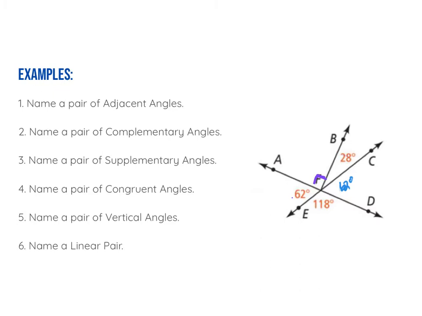All right, so name a pair of adjacent angles. Again, adjacent just means next to, they have to share a side. So let's say I pick this as my shared side. Then my two adjacent angles are going to be angle AFB, which is this angle here, the 90-degree angle, and angle BFC, which is this one here, the 28-degree angle.